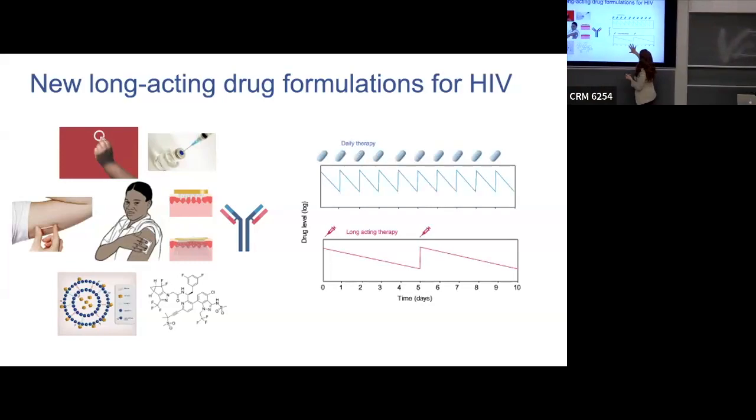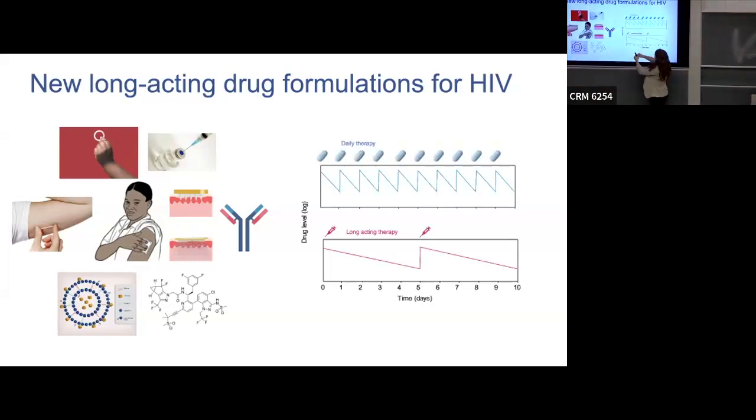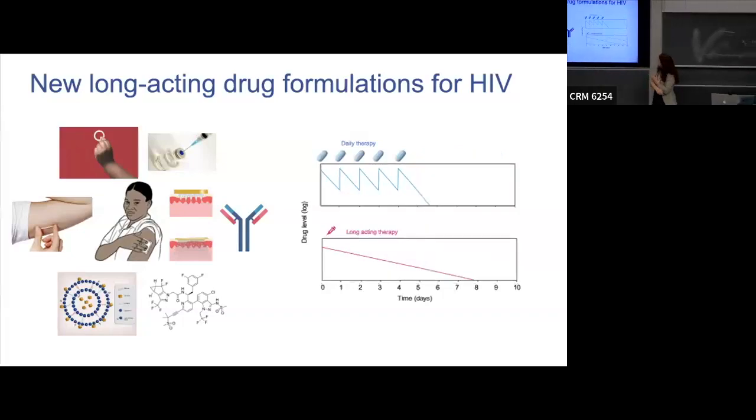So we think that the idea of long-acting therapies is just to stretch out these pharmacokinetics. Like everything else is the same about the drug, you just make it farther away from the peak and the trough. So now you're just taking it once every few days. But the worry here is what happens if someone stops taking the therapy at some point, be it for a short or long time.